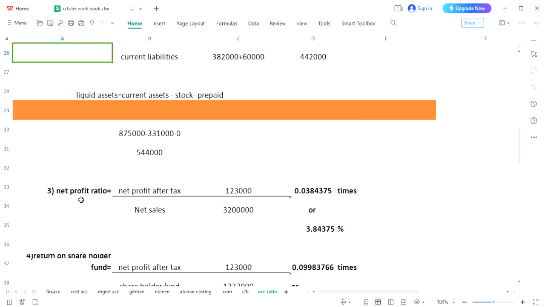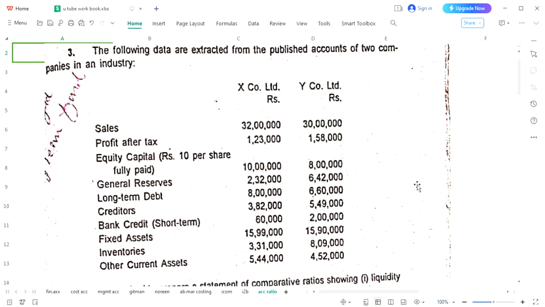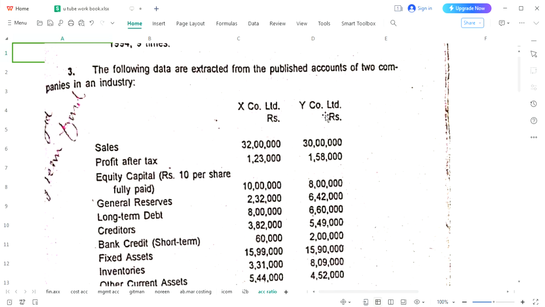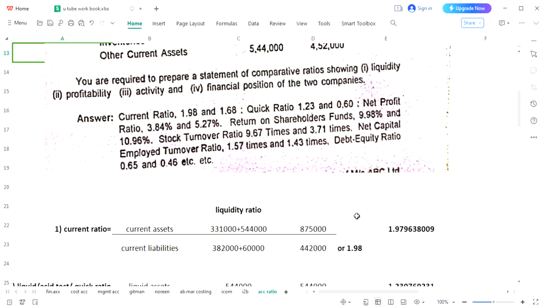You will use the same formulas. Instead of taking amounts of X company, you will just take amounts of Y company. Nothing would be changed. I will not solve it because everything is absolutely similar, except you will take amounts for Y company. So in this way our question has been completed.